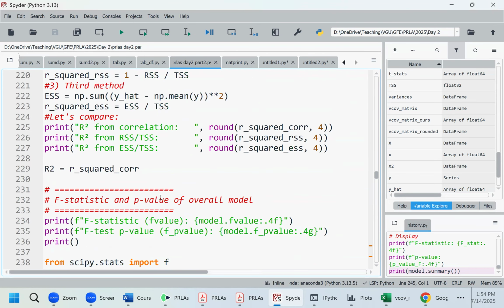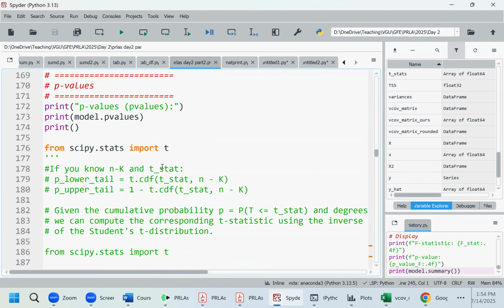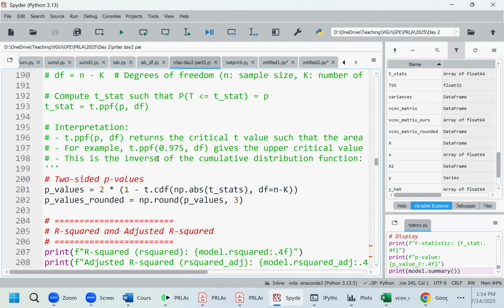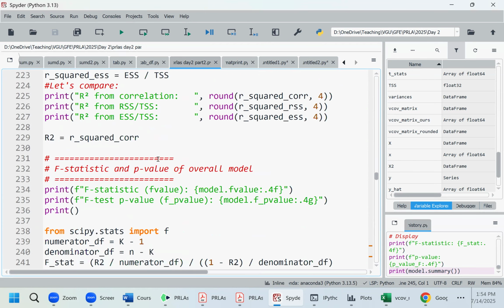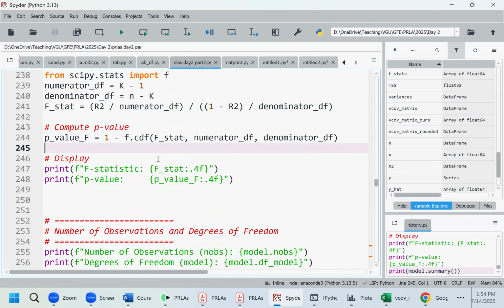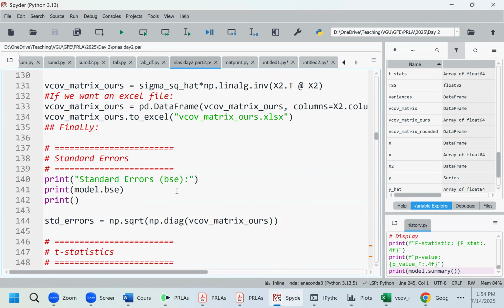Where is it? R square. I think we have the standard error here, right? How can we compute the T? We have the standard error here.